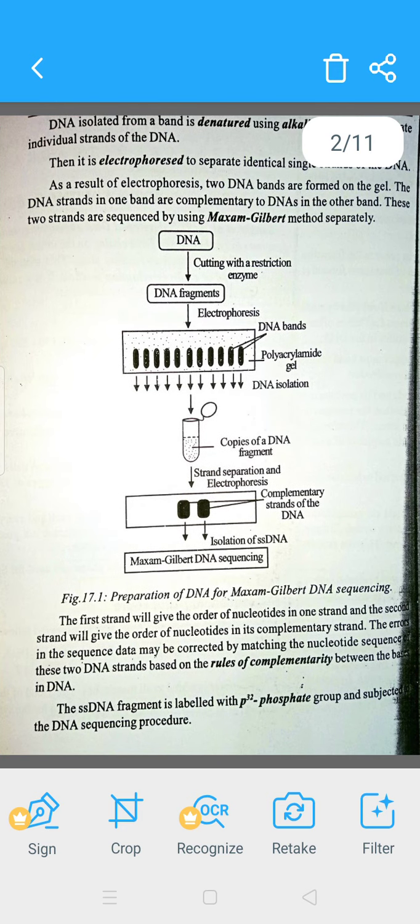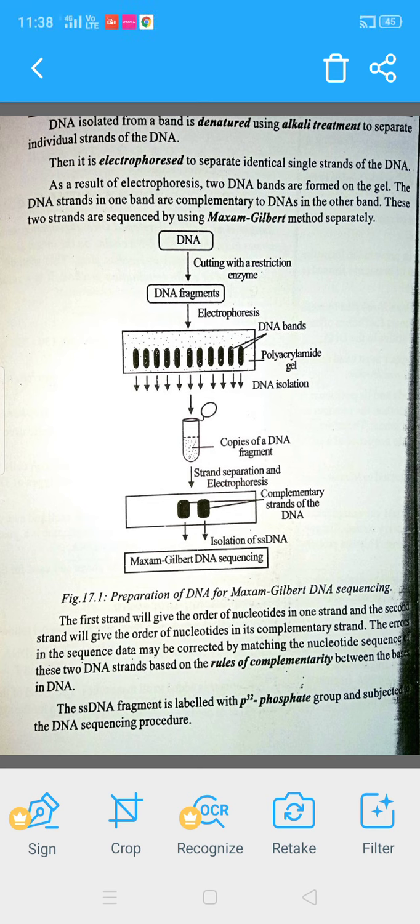DNA isolated from a band is denatured using alkali treatment to separate individual strands of the DNA. Then it is electrophoresed to separate identical single strands of the DNA. As a result of electrophoresis, two DNA bands are formed on the gel.